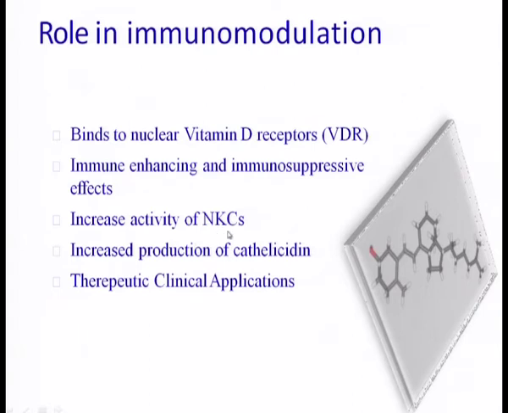So natural killer cells are key in identifying those cells which are down-regulating the surface receptors and going behind them and destroying them. Vitamin D can regulate the proliferation of natural killer cells through vitamin D receptors, and through that it has an impact on the regulation.